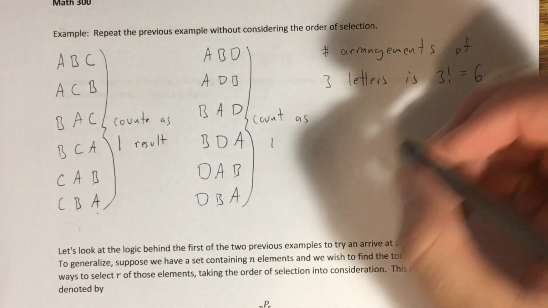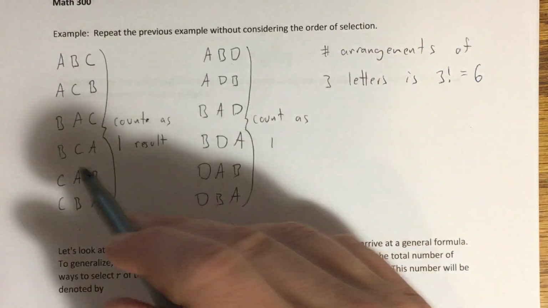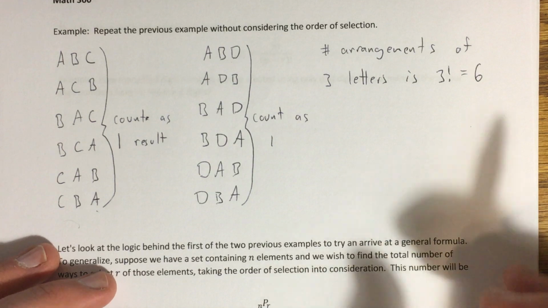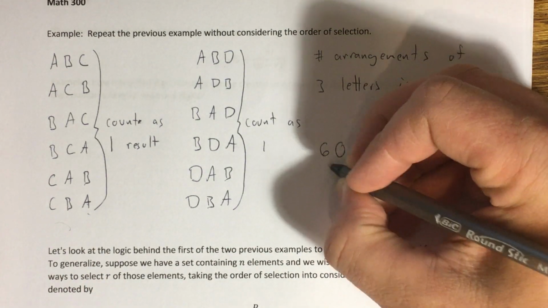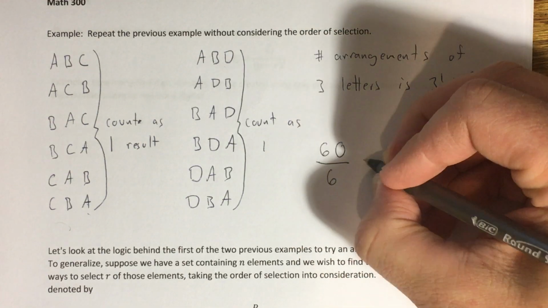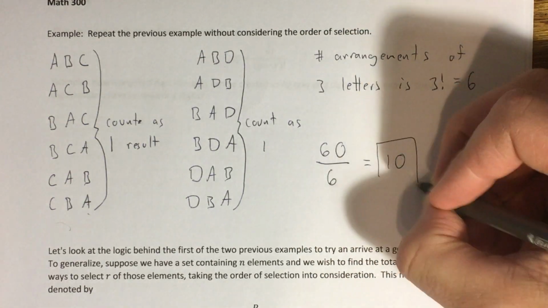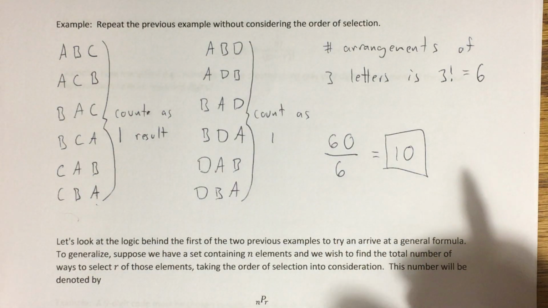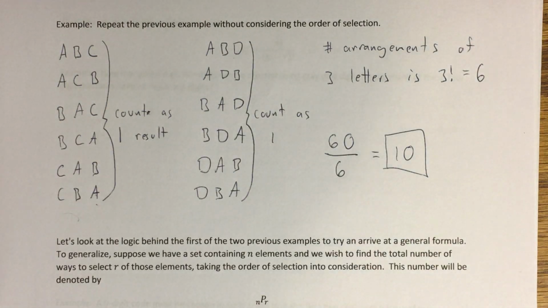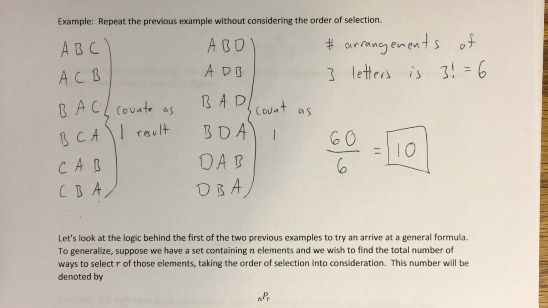So that means the total number of possible combinations of letters when order is not considered is the list of 60 divided by 6, which equals 10. Okay? These 2 examples are going to provide the intuition for the more general formula that we're going to use. You're not going to need to do this listing thing. This was just to kind of give you an idea of where we're going with this concept.